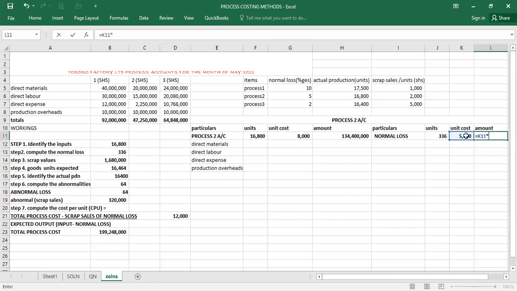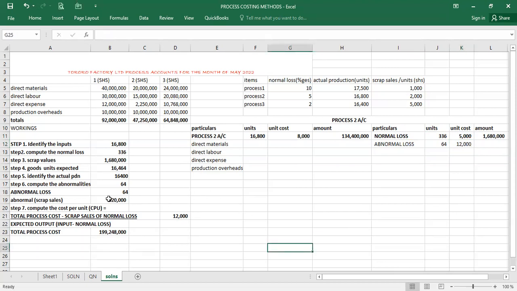It will be that multiplied by this, which will give you this, which is the same as the other one. Then we record the abnormal losses. And these abnormal losses in units are 64. They are valued at which price? They are valued at this, which is 12,000.